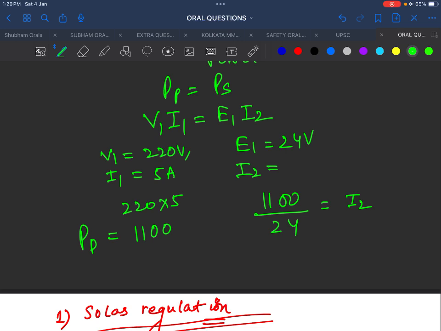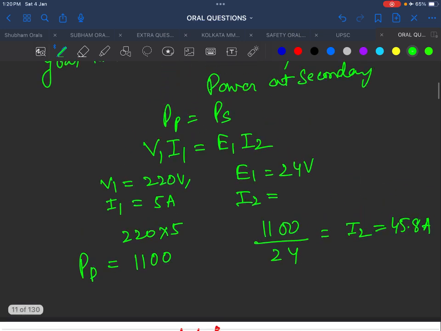Why will the current value increase? Because you have to maintain this power. So the current will increase up to 45.8 ampere. So you see here the power is always constant, but our current will increase.